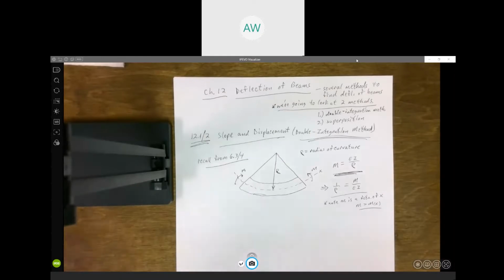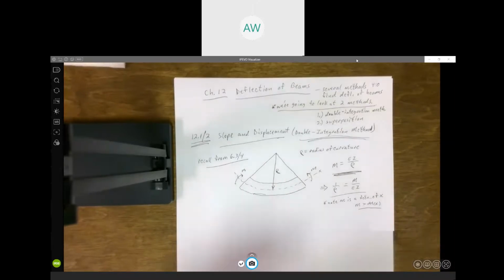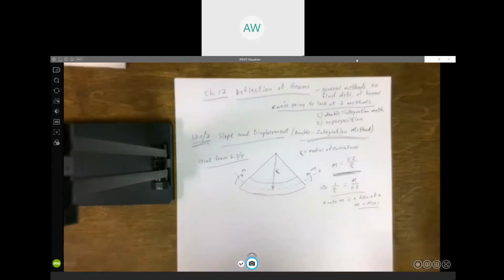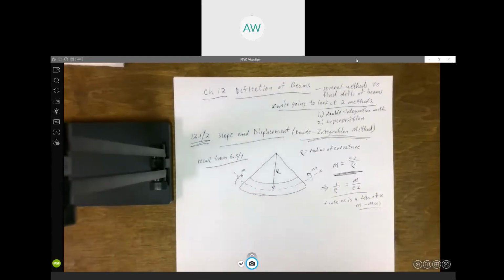And that's what we did the first way we looked at drawing shear moment diagrams. We actually found the equation for that moment. We cut it and we got an equation for V and M. But then we looked at a shorter, easier way to draw the shear moment diagram. But I told you at the time, you needed to know how to do that, not necessarily to draw the shear moment diagrams, but we were going to use it later. And this is where we were going to use it.